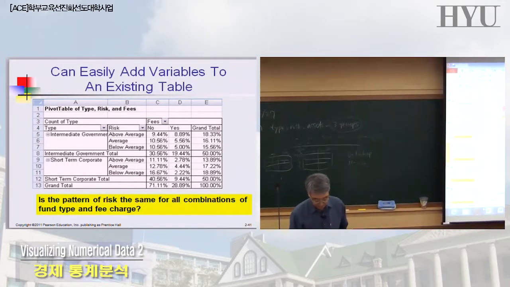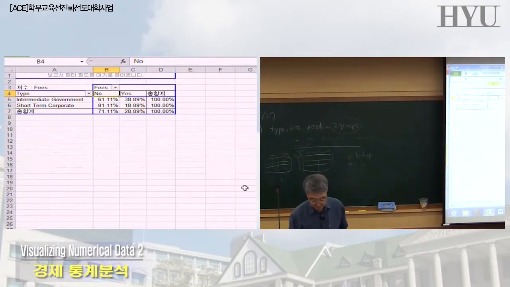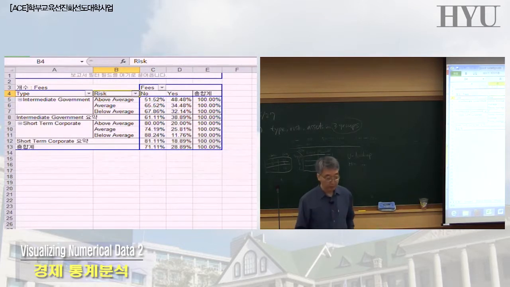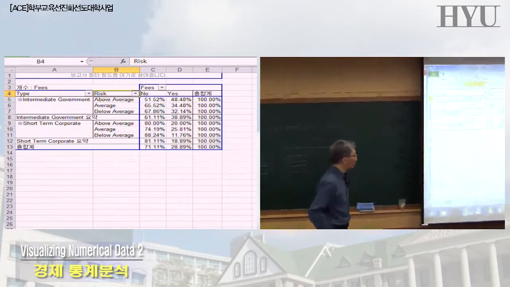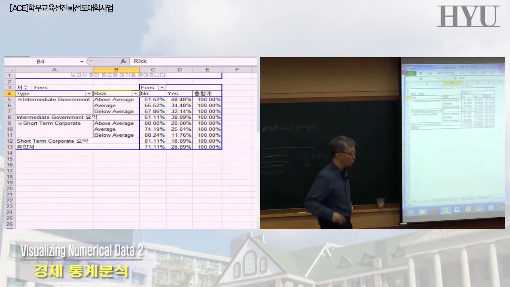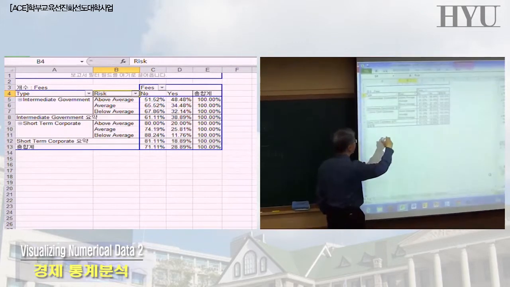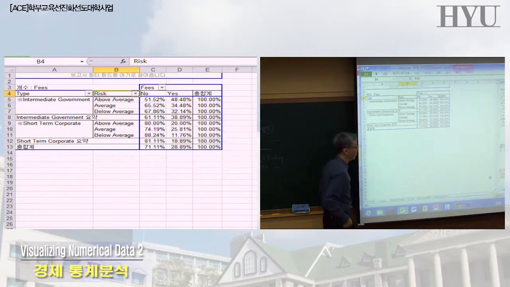Go back to here, and you can simply drag risk down here. Excel is using two variables on the row side, this is the row variable, and one variable on the column.